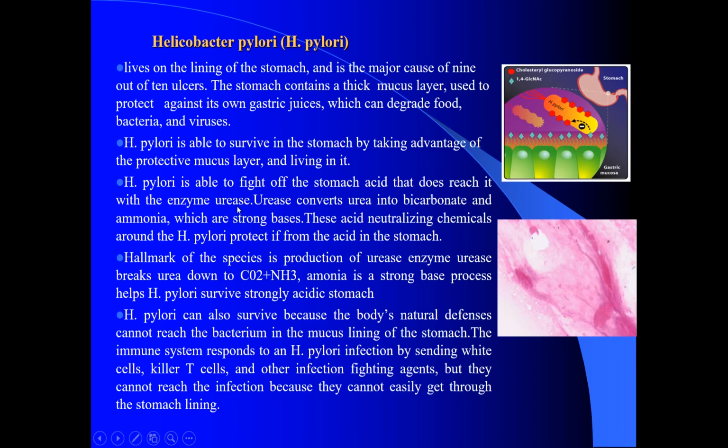This enzyme convert اليوريا to the bicarbonate and ammonia. لهذا انه راح شو يسوي؟ neutralizing the acidity of the stomach. يعني شو تسوي؟ هاي البكتيريا تحيط نفسها بهالو أو منطقة من الألكالاين media to protect it from the acidity of the stomach.